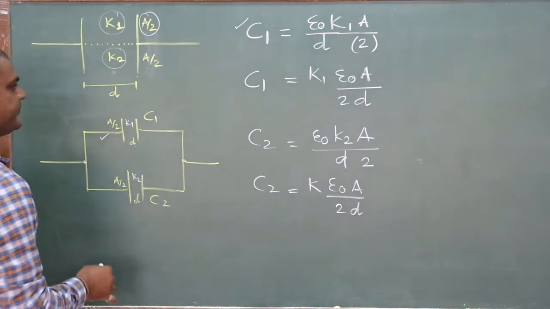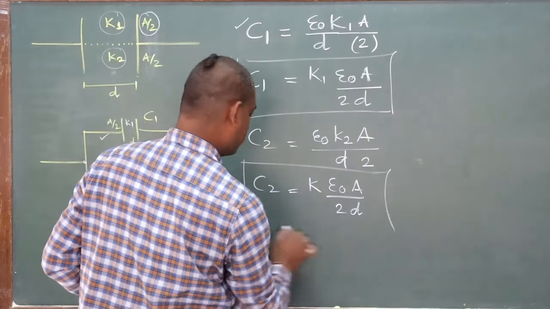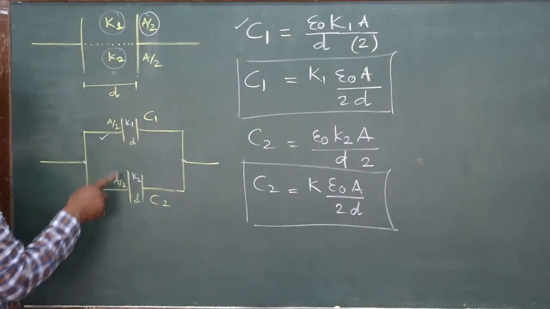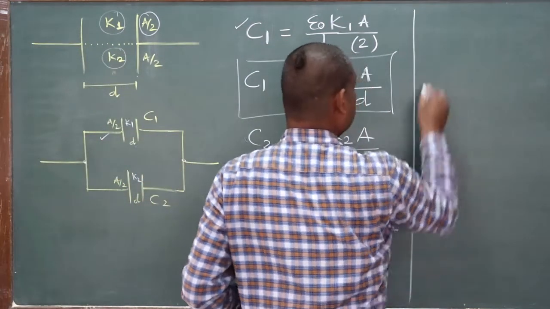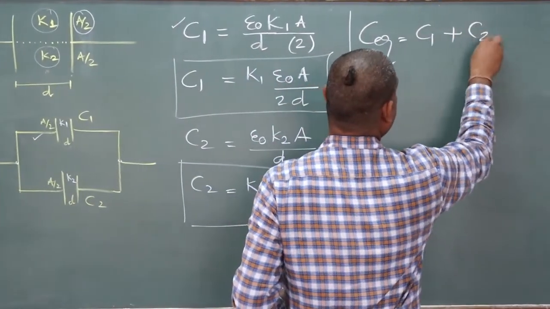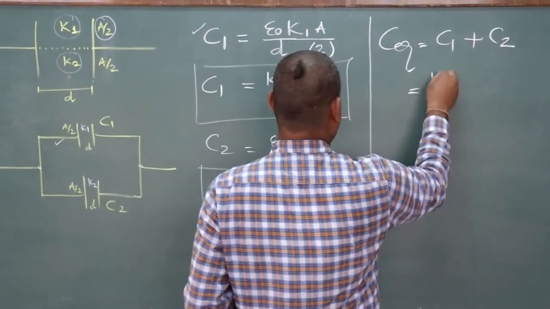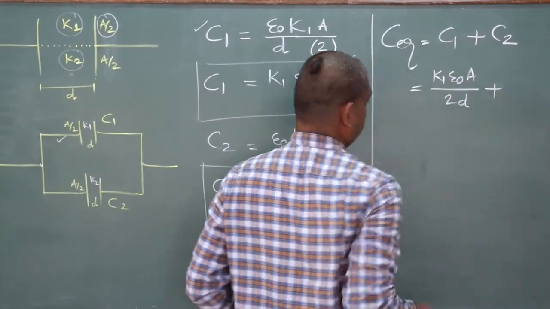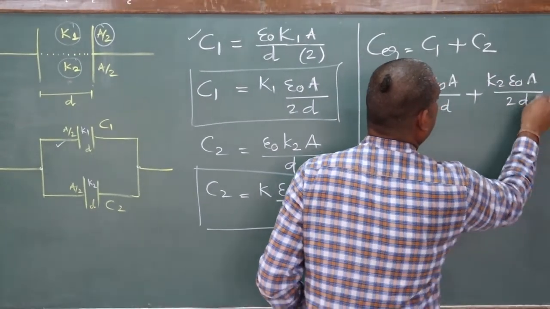This is the capacitance of the first capacitor, and this is the capacitance of the second capacitor. Here you can easily say that C1 and C2 are in parallel. So what is the equivalent capacitance? C equivalent equals C1 plus C2, which is K1 epsilon 0 A by 2D plus K2 epsilon 0 A by 2D.